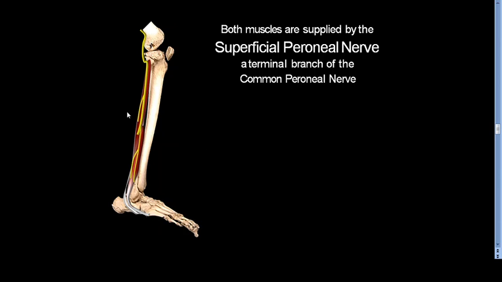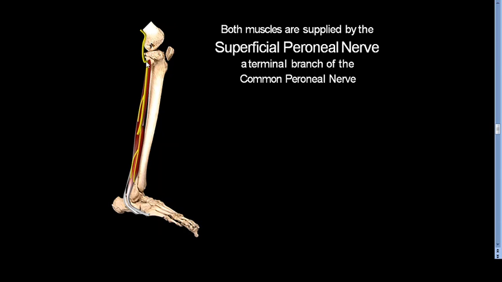It is going to supply these two muscles, that is the muscles of the lateral compartment. This nerve is a terminal branch of your common peroneal nerve. As you can see, the common peroneal nerve is coming from the sciatic nerve, right?